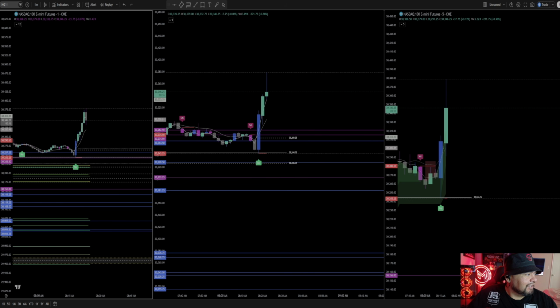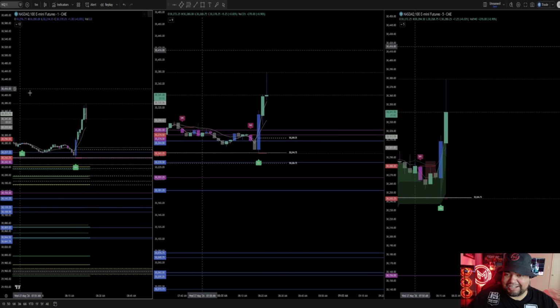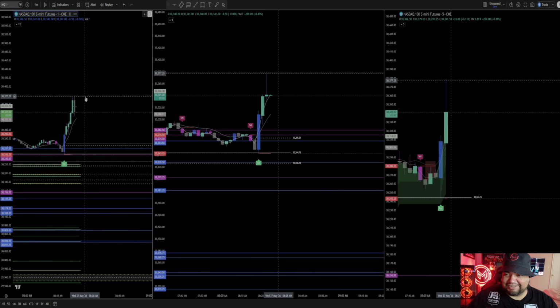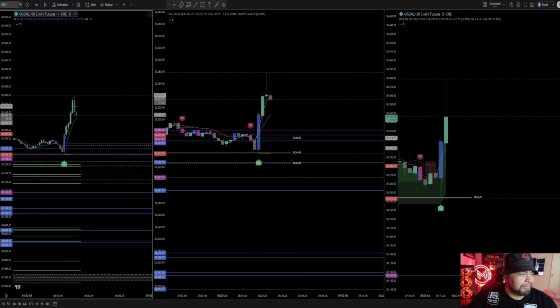Whoa, I'm working on an eval. Just caught that little dump with 1 mini. I'm on an eval. Okay, I'm done with that eval. All right, that was nice. I don't have it drawn up, but if that was there, that was a beautiful rejection. Look at that beautiful push all the way up. That's that rejection.